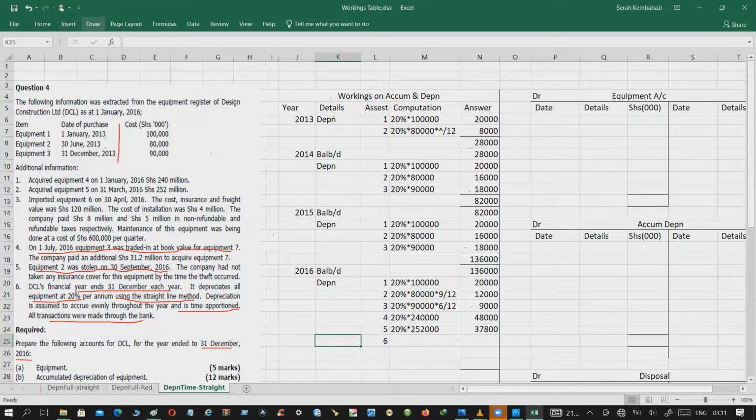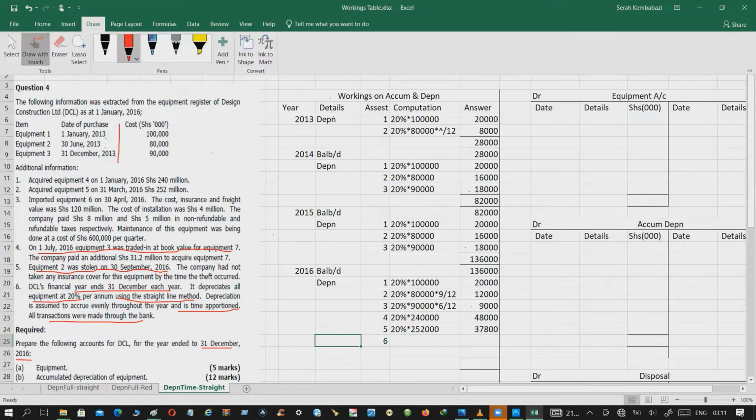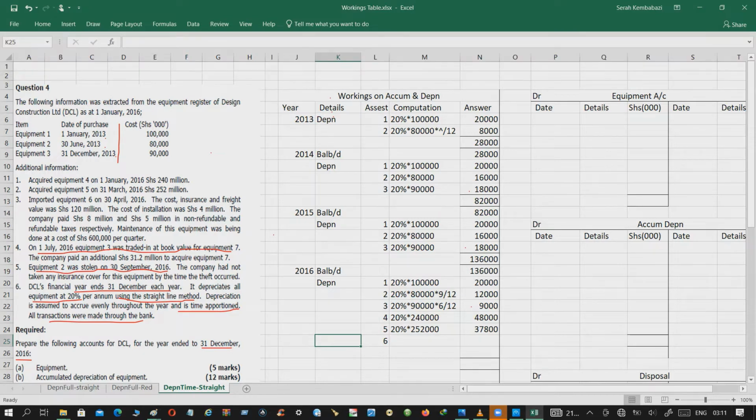Then equipment 6. For equipment 6, we are told that we imported an equipment. The freight cost was 120. Cost of installation was 4 that we have to add on. And we are told the company paid 8 and 5 for non-refundable and refundable taxes respectively.